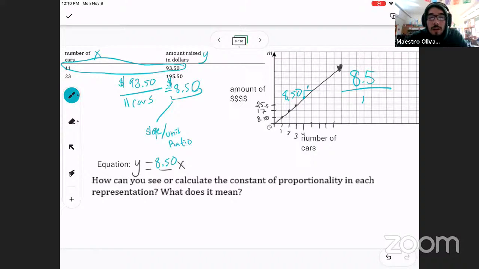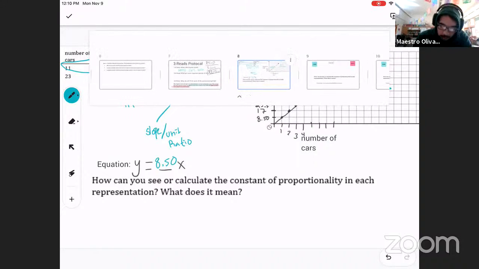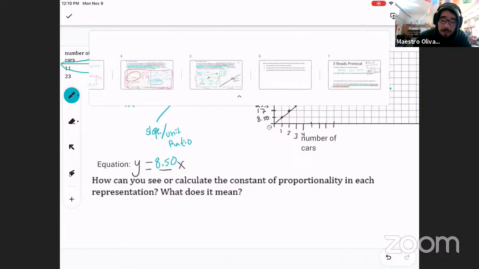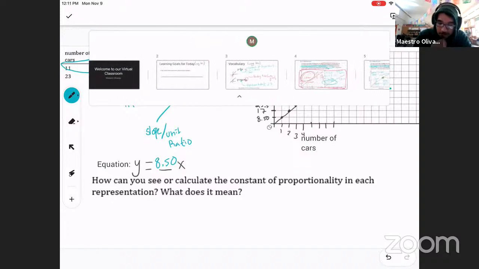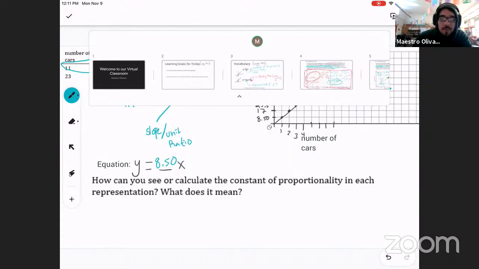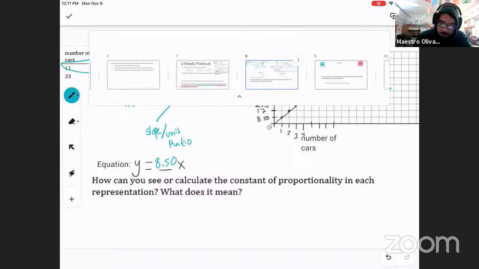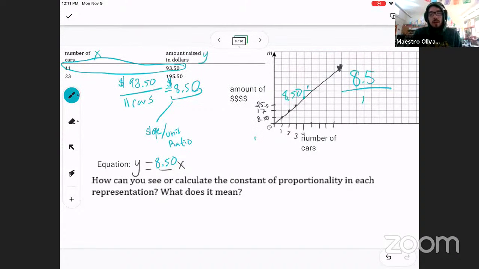Look at the first 3 pages of your notes, or the 3 pages of our slides. The answer to the exit ticket is in the first 3 pages. When you finish the exit ticket, please type into the chat box, finished.